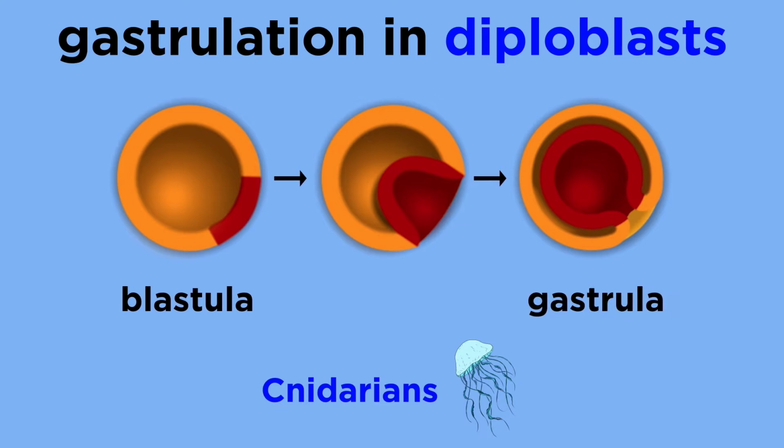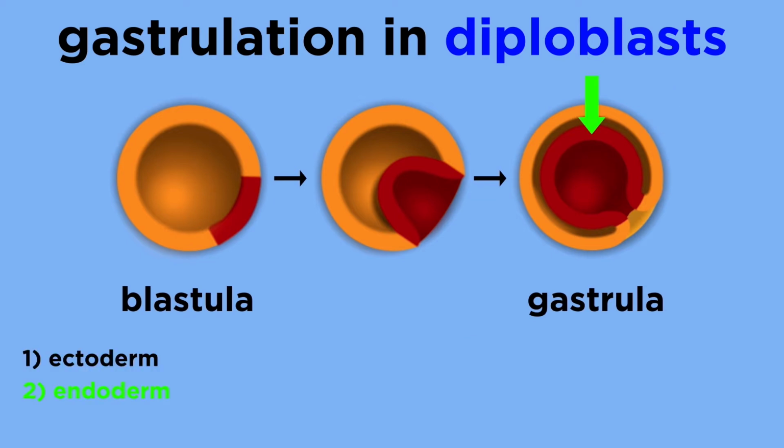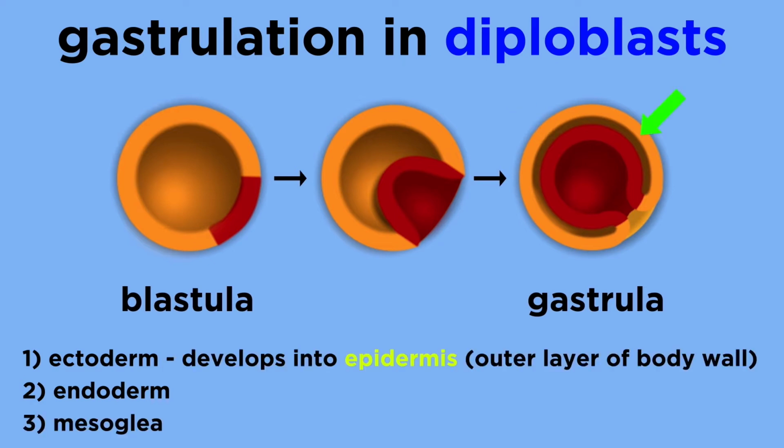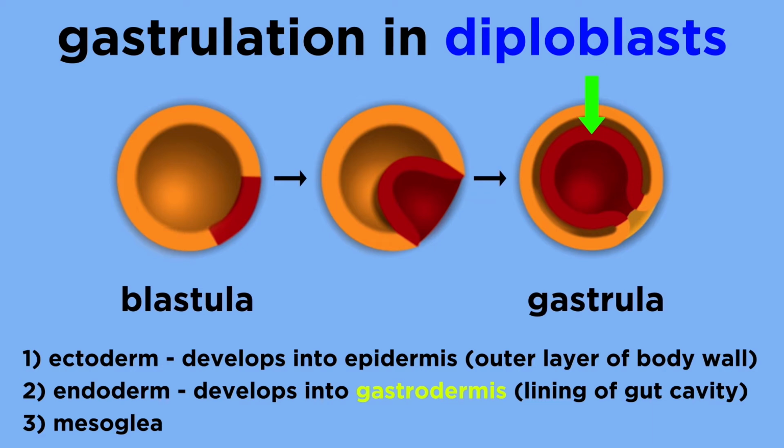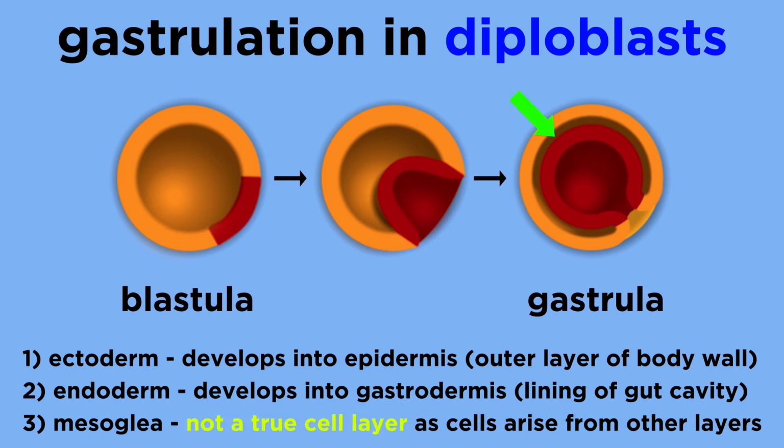These layers are separated by a primarily non-cellular water-filled tissue layer called the mesoglea, which we'll discuss in more detail later in this series. The ectoderm develops into the epidermis, the outer layer of the body wall. The endoderm, meanwhile, gives rise to the gastrodermis, the tissue that lines the gut cavity. The mesoglea is not considered to be a true cell layer because any cells found within it arise from the endoderm or the ectoderm.